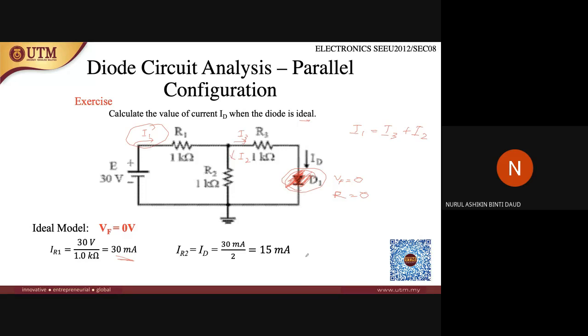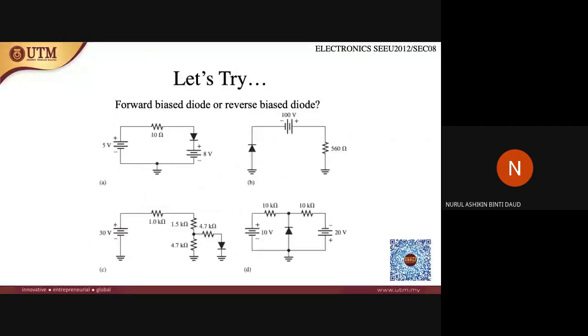In the complete model, you need to consider the resistance value of the diode. So you cannot divide the current into 2 easily like this, right? Understand?